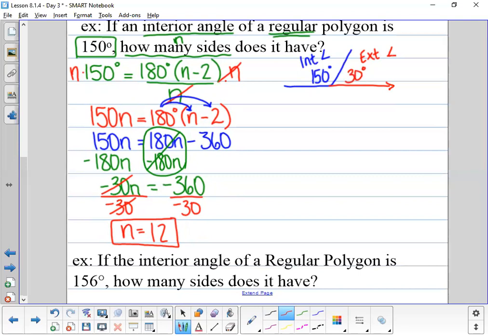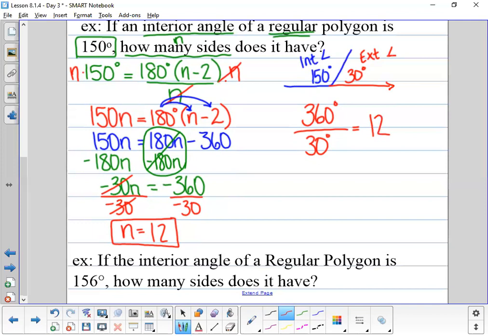Now, the reason why I'm doing this is because no matter how big my polygon is, no matter how many sides my polygon has, the exterior angles always add up to 360. So what that means is I can do 360 degrees and divide it by my exterior angle, which is 30, and that will give me the number of sides, 12.